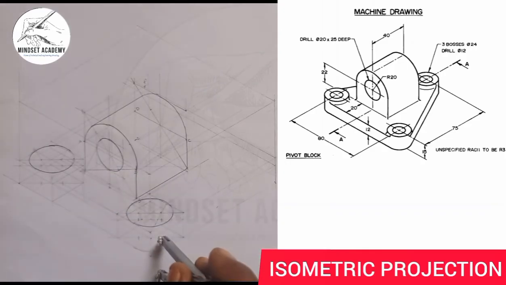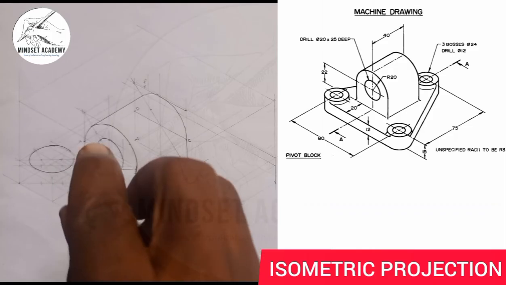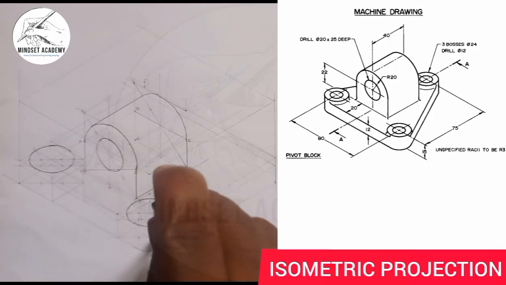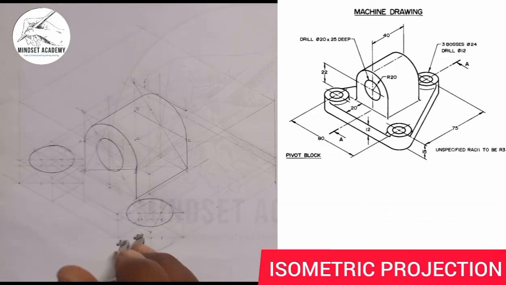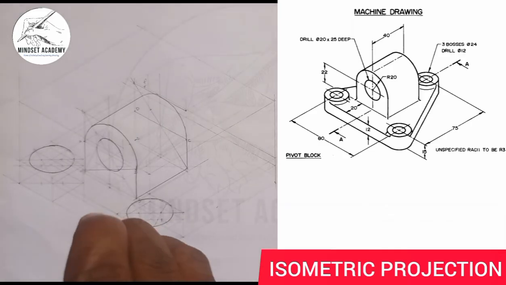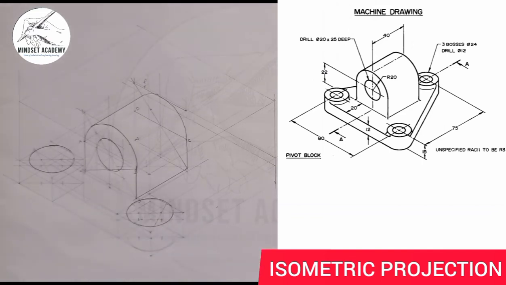So I can just place it here too. And I'll have this way. Faint line first. Then here too. Faint line first. Now come here also at this end here.